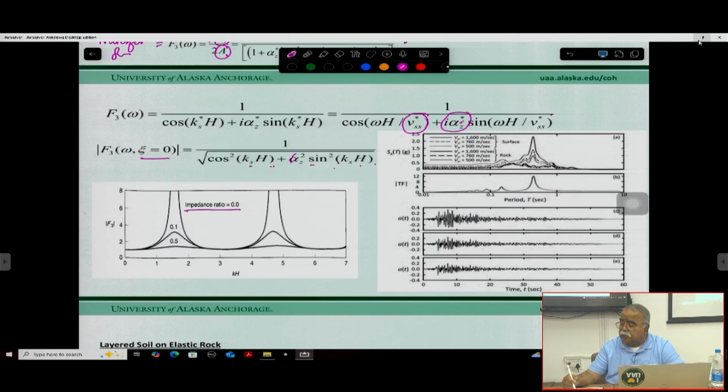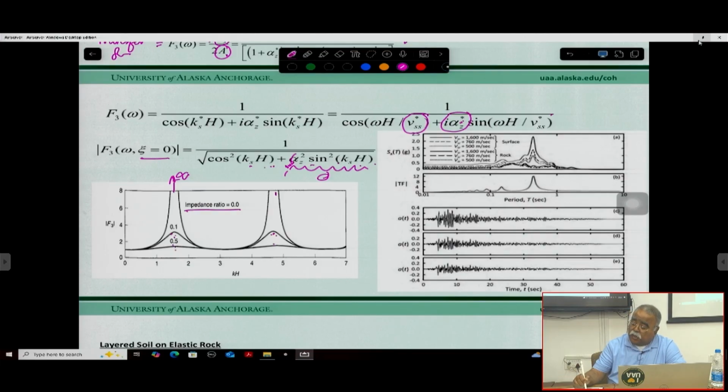If the impedance equals 0, then it will be 1 by cos square kh. So it will be the same type of graph as we get in the case of the first, right? So that's a cosine curve, it will be infinite. But as soon as you have an impedance ratio, the value decreases substantially, and the amplitude value or the transfer function value substantially decreases, right?